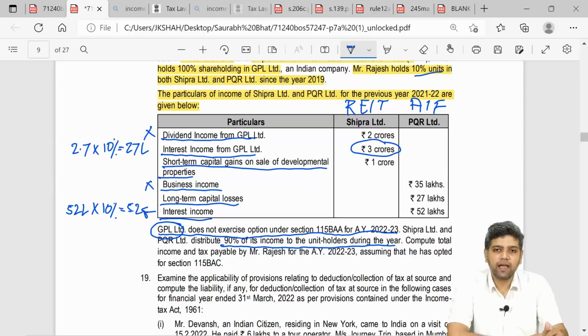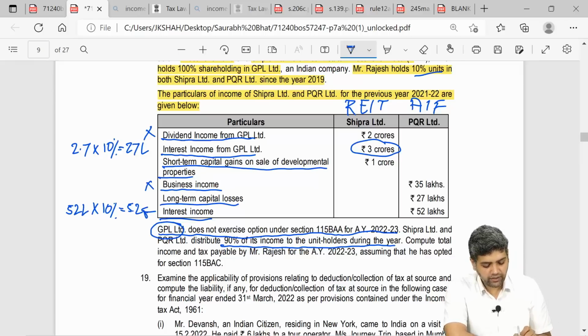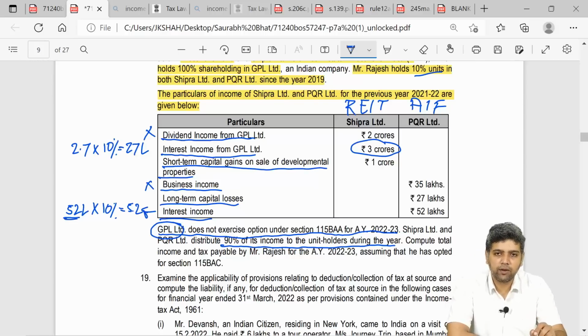So even if AIF has distributed only 90% of its income, the balance 10% would be deemed to be distributed to the unit holder as on last day of the year. So that's the reason why this interest income, although 90% of that has been distributed, but the balance 10% would also be deemed to be distributed on last day of the year, and therefore the entire 100% would be chargeable to tax in the hands of unit holders.